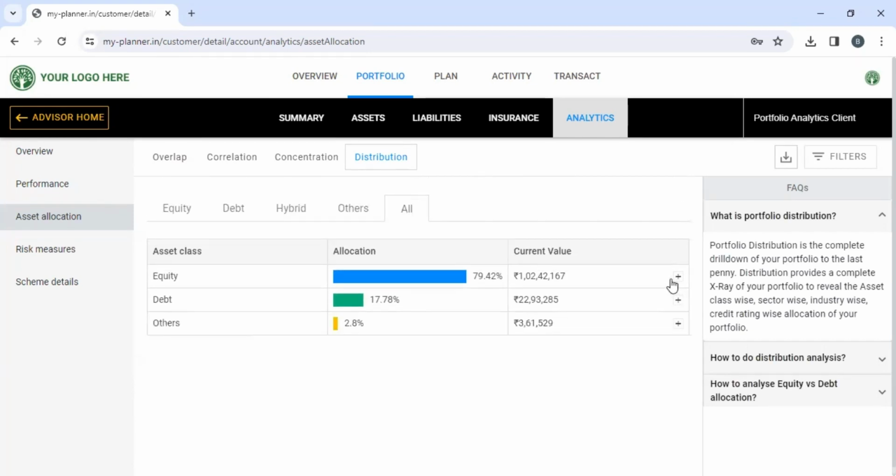Again, you can also identify, if I have to give an anecdote, a year back, suddenly bad news came about Adani. At that time, Adani took a dip. So I could actually see from this tool, okay, this particular portfolio has this much in Adani. So that's a very good foresight to have.